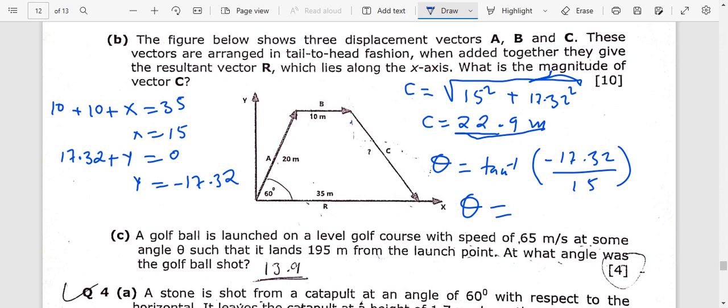What are we getting? Okay, so tan inverse of negative 17.32 divided by 15 is giving me negative 49.1. So that's the angle it has given me.